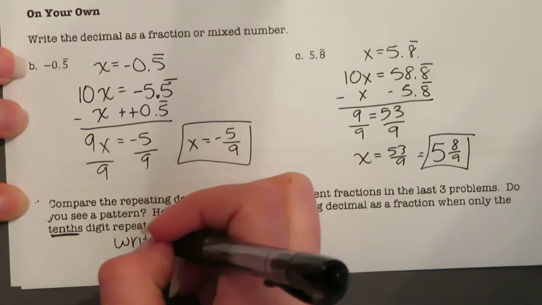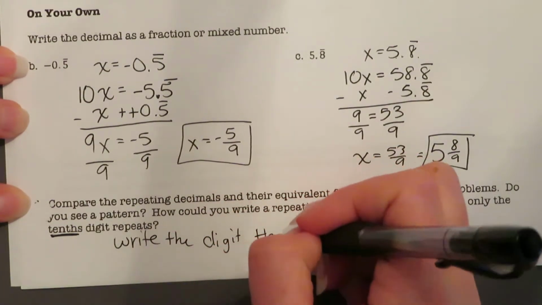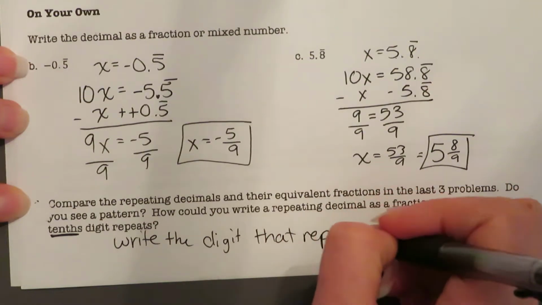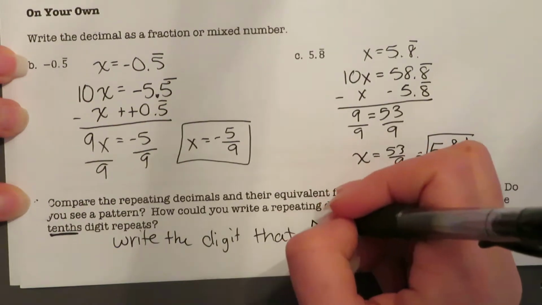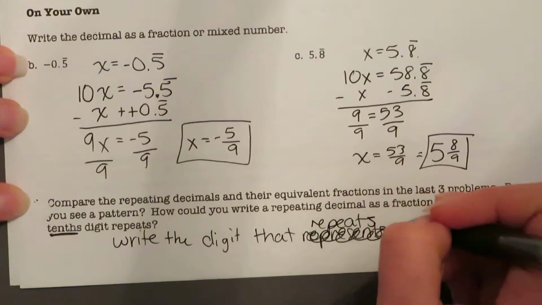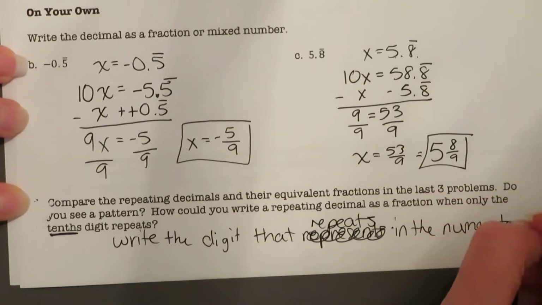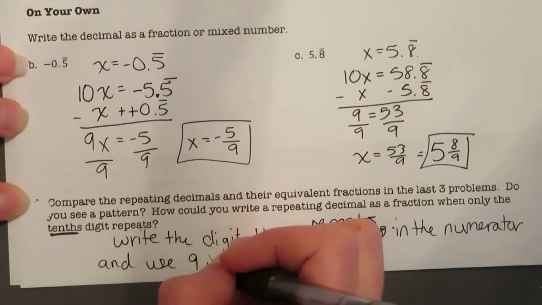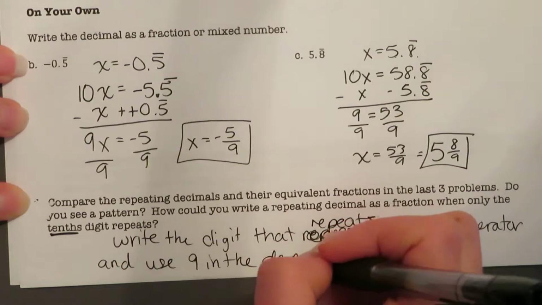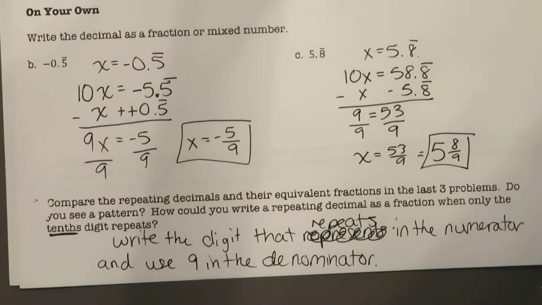You would write the digit that repeats in the numerator and use 9 in the denominator. Again, this only works when the tenths digit is repeating. All right, let's continue learning.